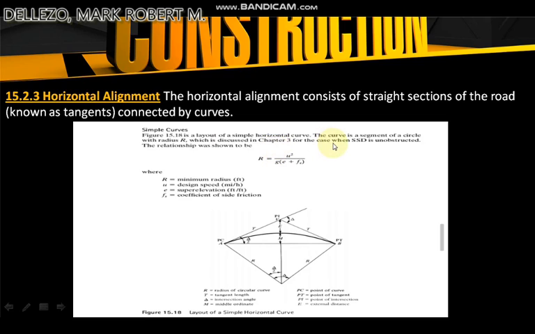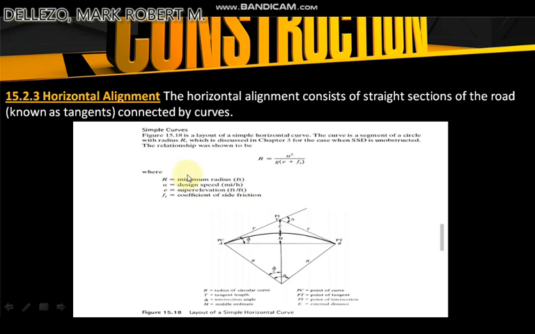horizontal curve. The curve is a segment of a circle with a radius, which is discussed in chapter 3 for the case when SSD is an abstract. The relationship was shown to be radius equals u squared over g times e plus fs, the coefficient of side friction.